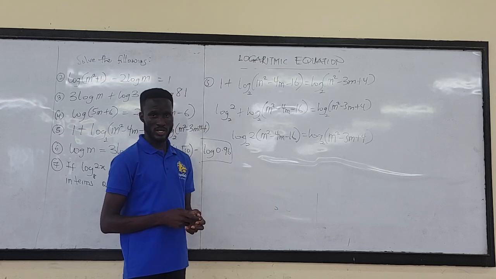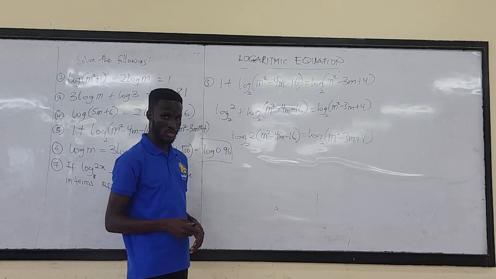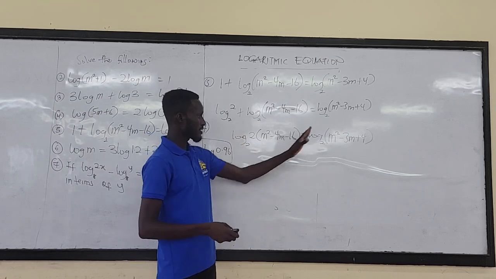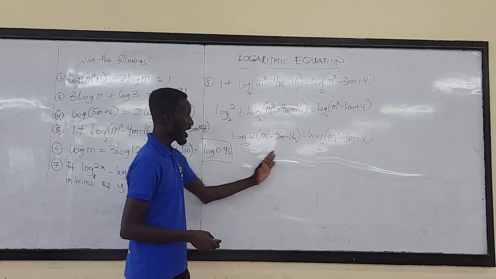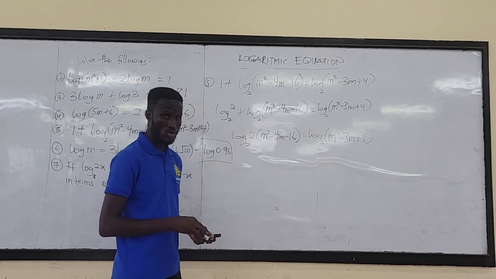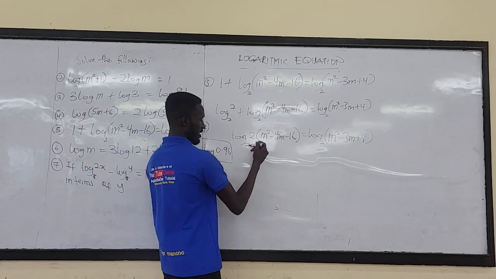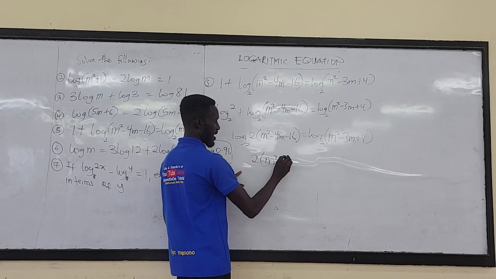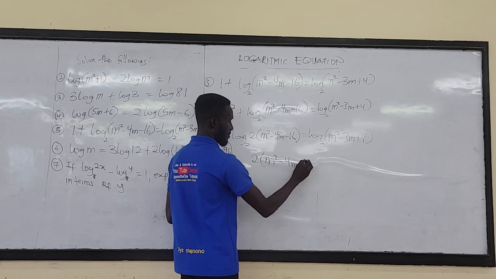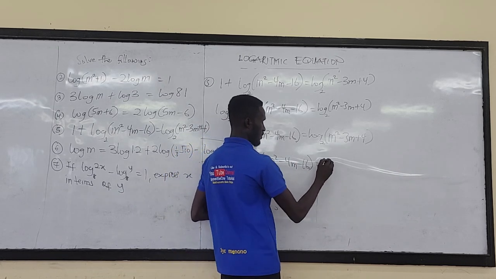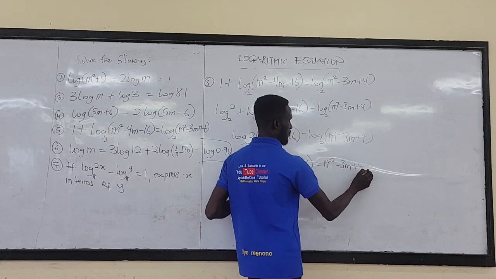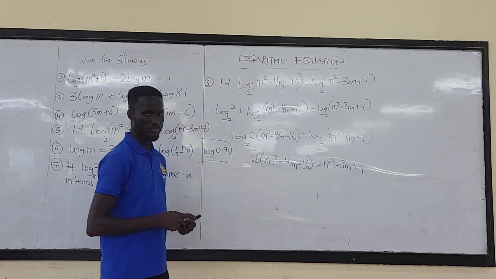Now this one, what we can do is that we have to take the antilog of both sides. That is, we have to remove this log. So this log and this log will go off because they both have a base of 2. Then we are going to get 2 into bracket m squared minus 4m minus 16 equal to m squared minus 3m plus 4. I hope you are following very well.